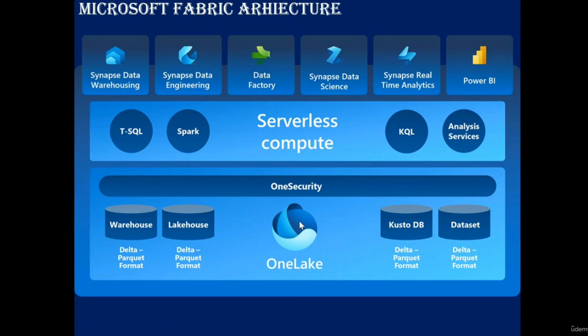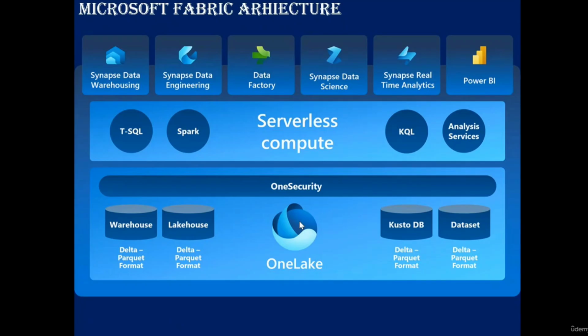Are you all getting this? If you create two workspaces within the Fabric application, then within the OneLake storage two containers are created, called workspace 1 and workspace 2. Let's say workspace 1 belongs to the marketing team and workspace 2 belongs to the financial team.